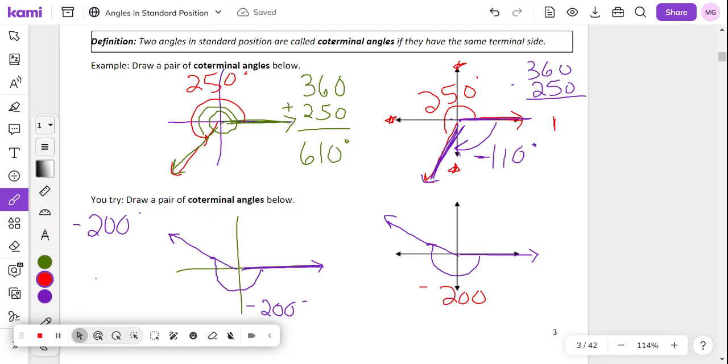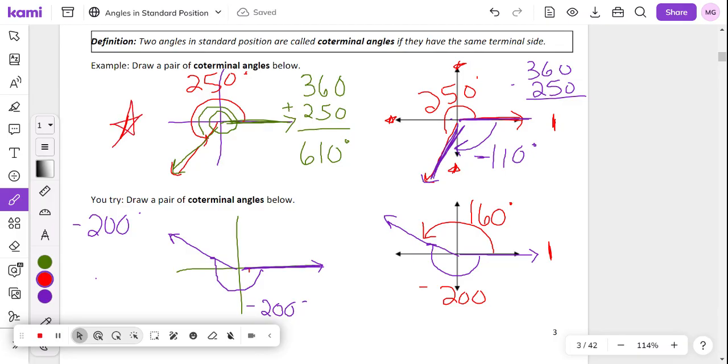To mimic what I did right here, we can have this angle. Well, how many degrees would be left? If we took 360 and took away the 200 degrees, we would be left with a 160-degree angle in the positive direction. If we mimic what we did up here, we can go either way.